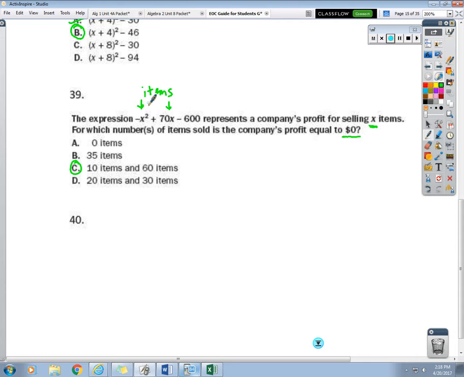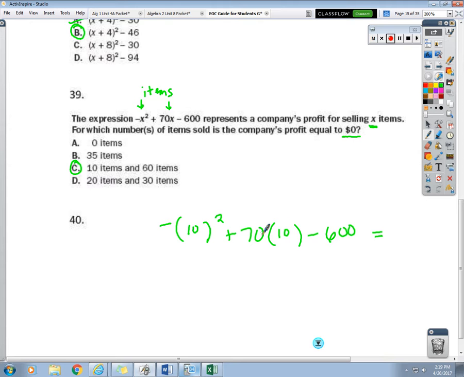Now watch. If you had plugged that in, negative x squared plus 70x minus 600, plug in a 10 for both x's and type that in your calculator. Well, y'all, think about it. 10 squared is 100. Attach a negative to it. 70 times 10 is 700.